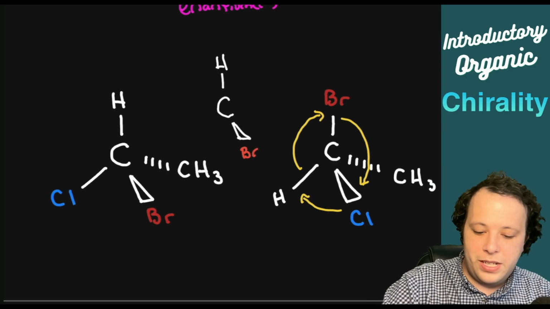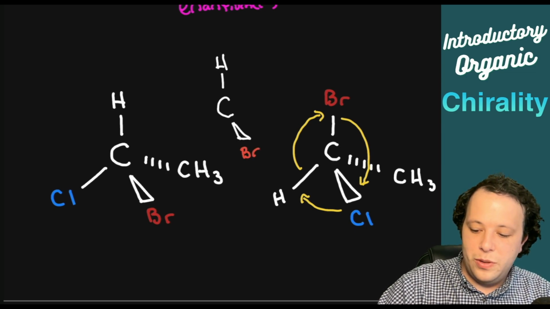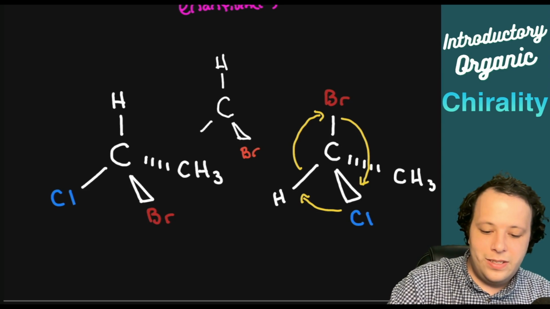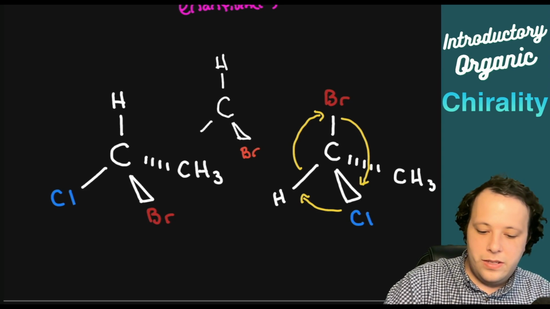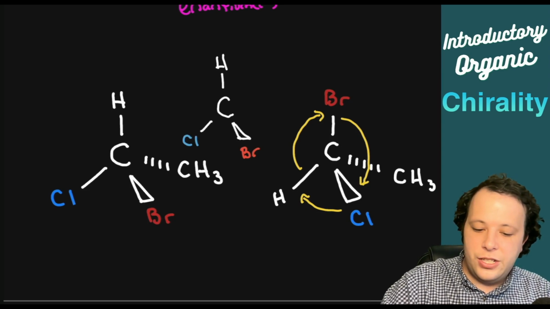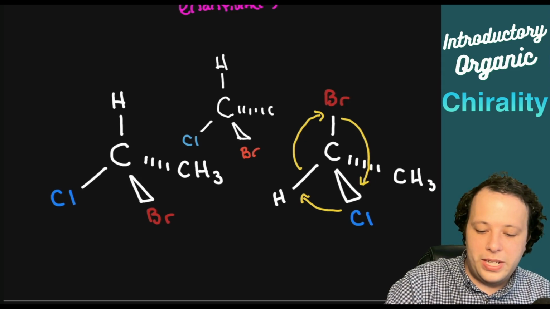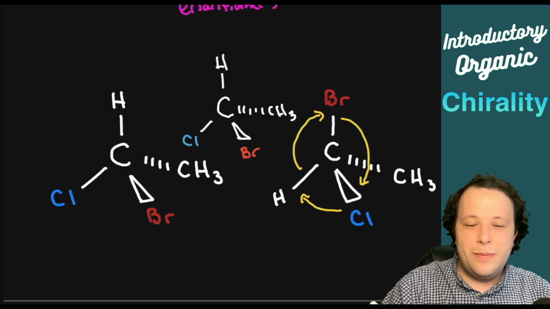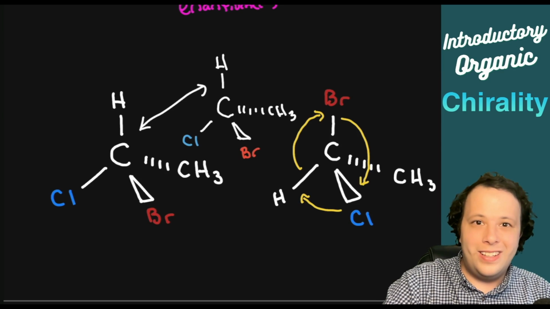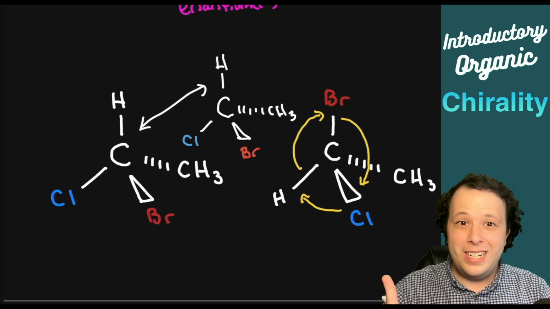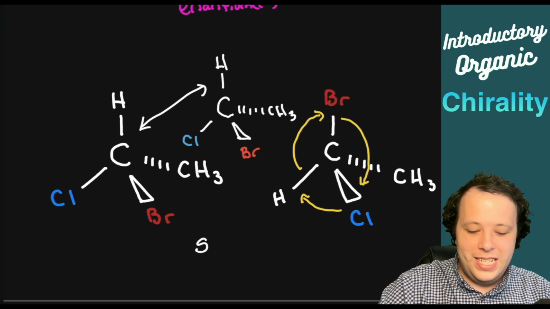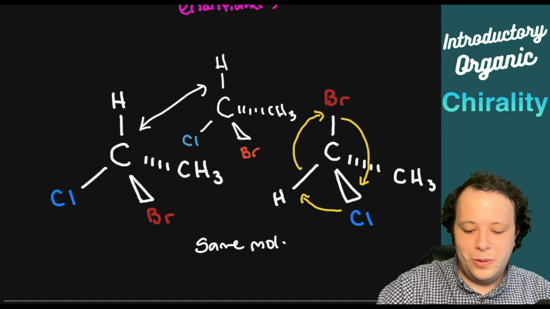And then my chlorine will move to the right-hand side of the molecule, just like so. And the CH3 is the part that we were holding. So what do you see about these two molecules now? They are identical to one another. So these are the same molecule, or identical.